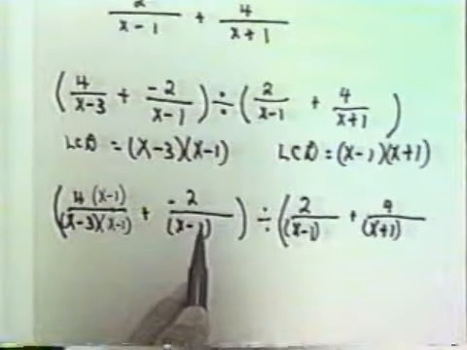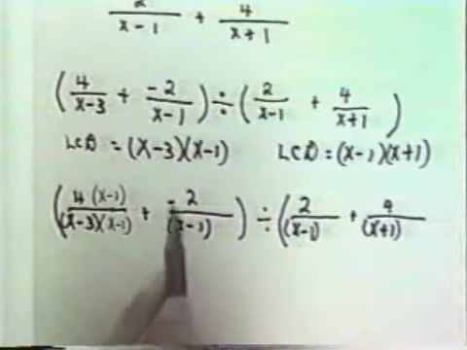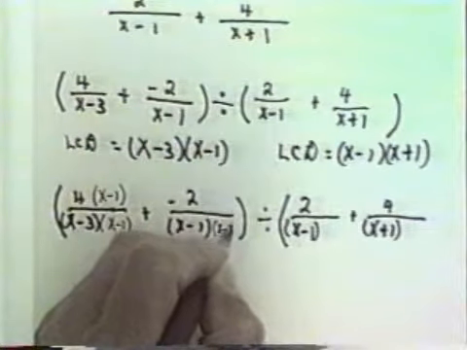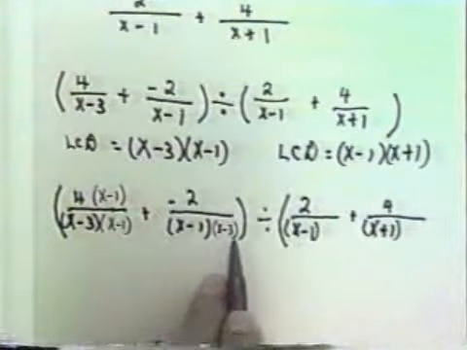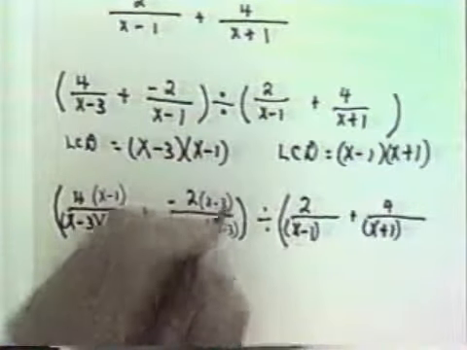What do I multiply x minus 1 by to get x minus 3 times x minus 1? I already have the x minus 1, so I multiply by x minus 3. If I multiply the denominator by x minus 3, multiply the numerator by x minus 3.